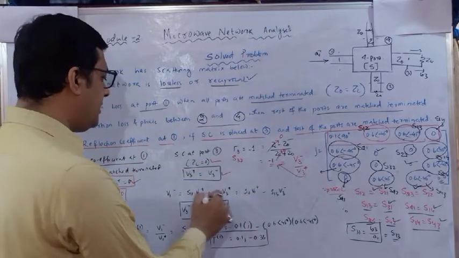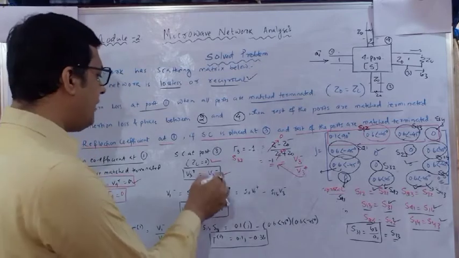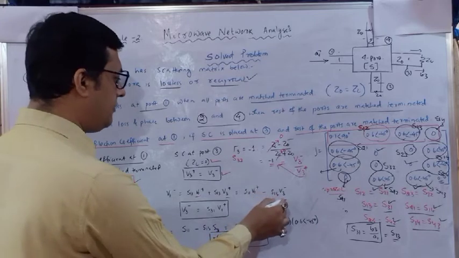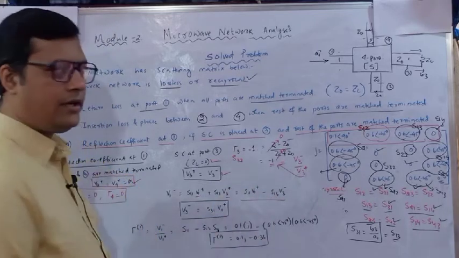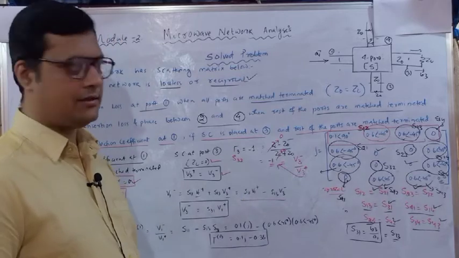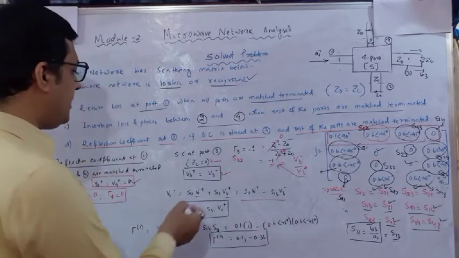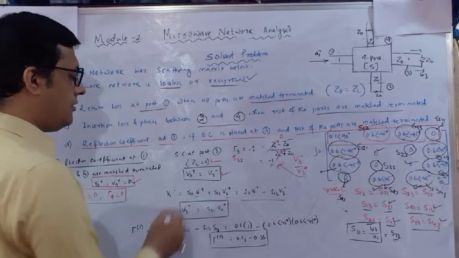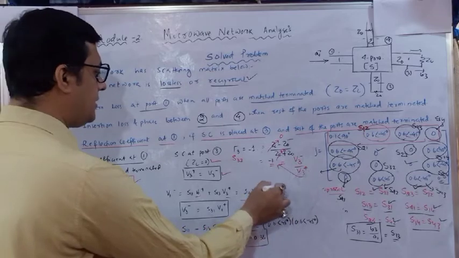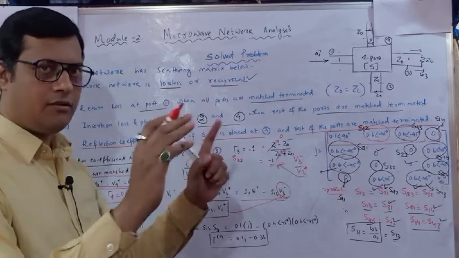So the incident potentials here are V1 plus and V3 plus. Now as V3 plus equals V3 minus, you can substitute here S11 V1 plus S13 V3 minus. Next, what is S31? V3 minus equals S31 into V1 plus.